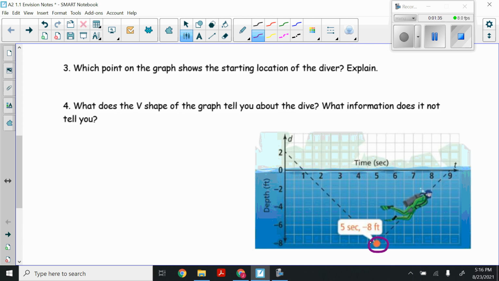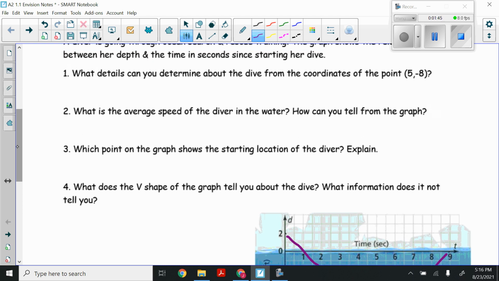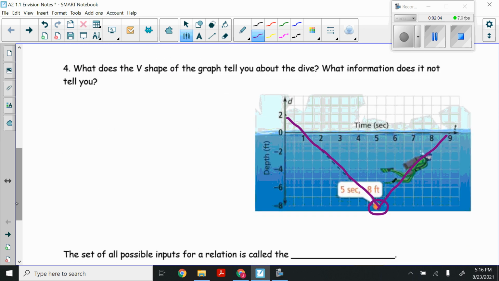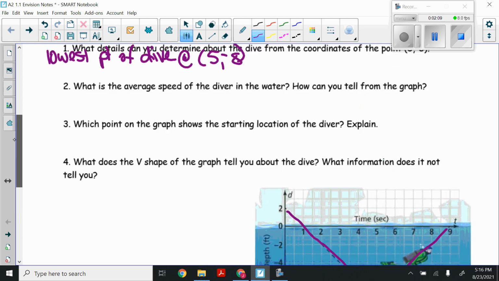We see that our diver started up here, went down, stopped here, and then started going back up. So that point (5, -8), we can see, is the lowest point of the dive. So what do the 5 and the -8 stand for? The x's are our times, and the y's are the depth in feet.